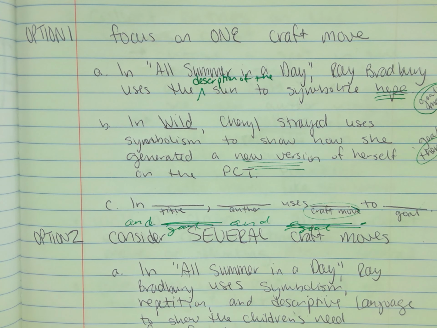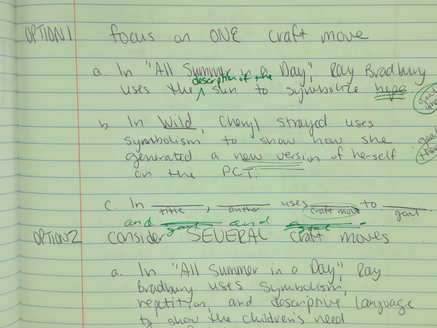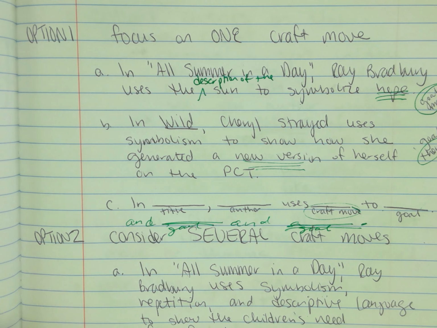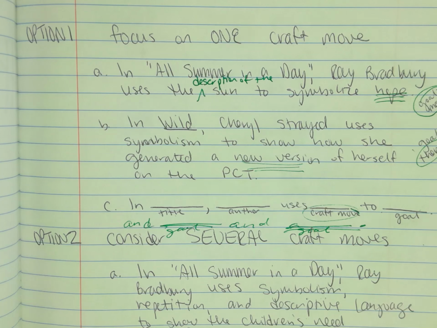So this is a little bit like Mad Libs. There is a structure to what your claim should look like. Your claim should include the title and the author in either option. It uses the craft move language in either option, and you're naming the goals of those craft moves too in either option.